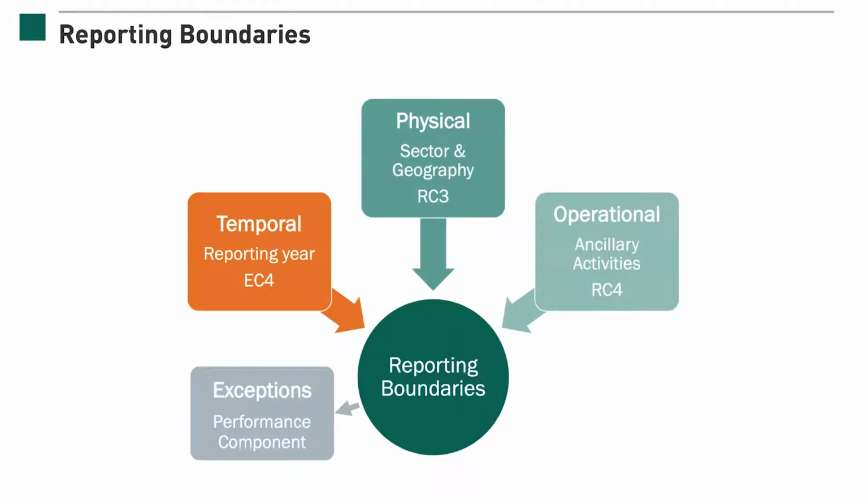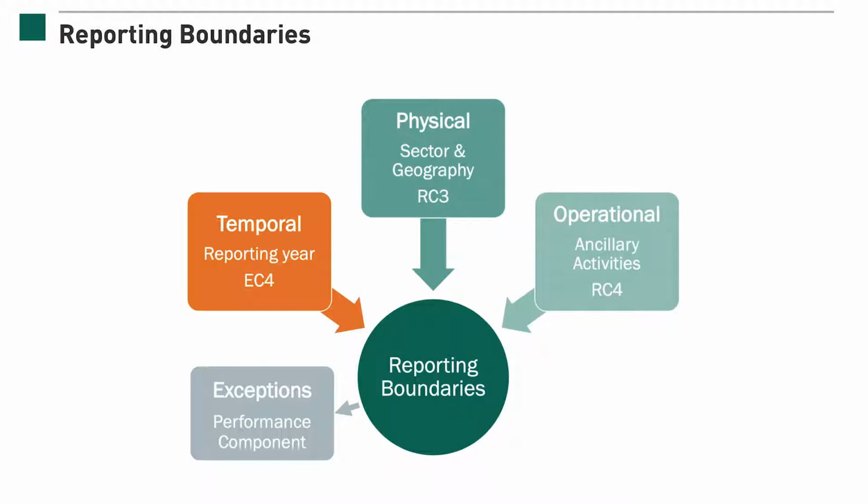Setting and describing appropriate boundaries for reporting on ESG is critical for consistent data collection and for comparing data between entities and over time. The asset assessment includes indicators that help to accurately describe the boundaries of reporting for each entity. EC4, reporting year, describes the temporal boundary for reporting.